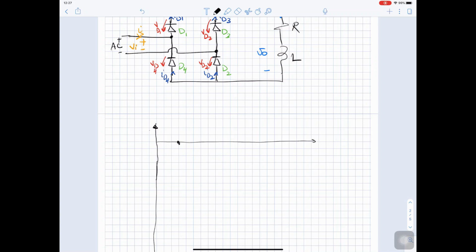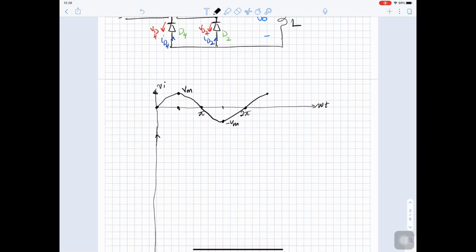Okay, so we will use 3 squares as pi over 2. So here is pi, here is 2 pi, omega t, V input. Here we will have peak, 0, negative peak, 0 and then peak again. And this will be the sine wave for the input. So this is V max, minus V max.